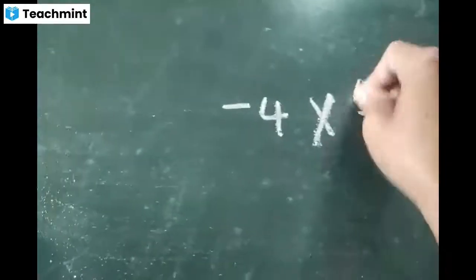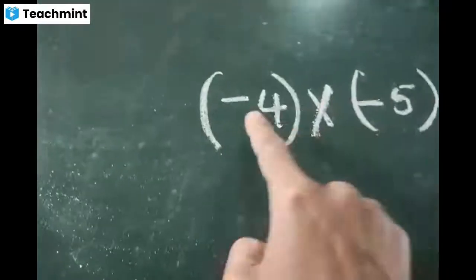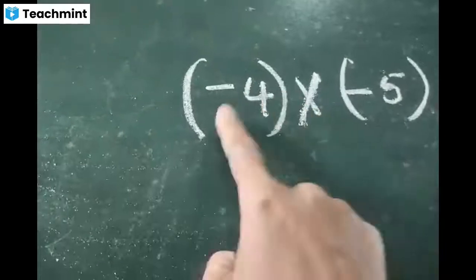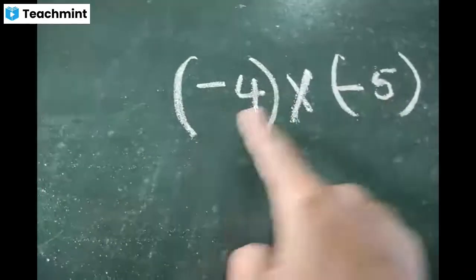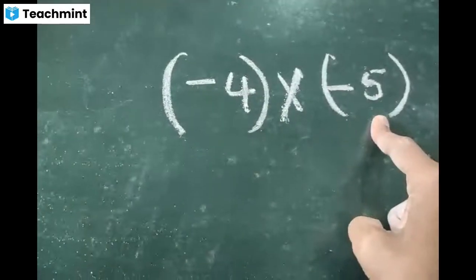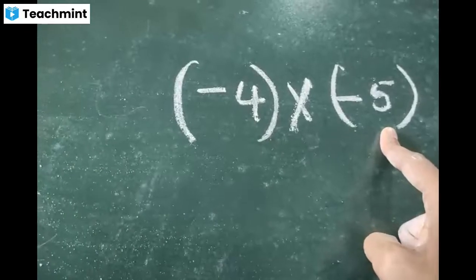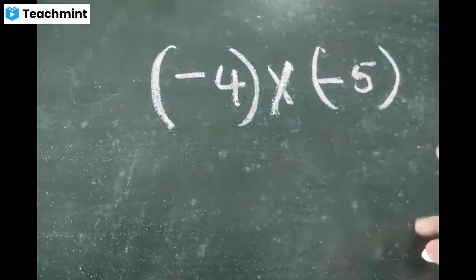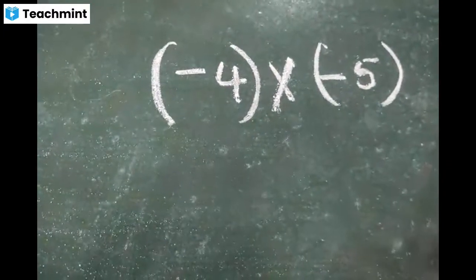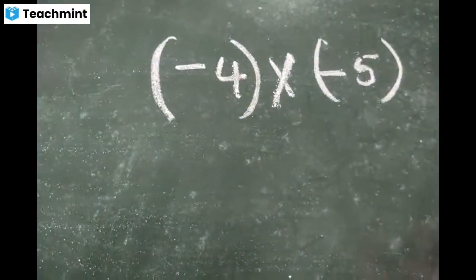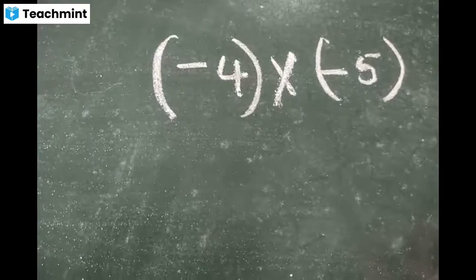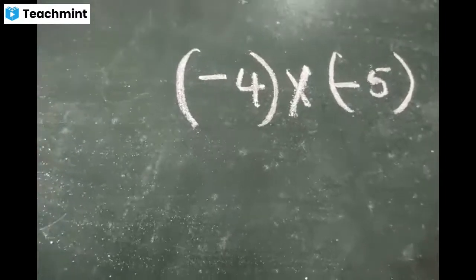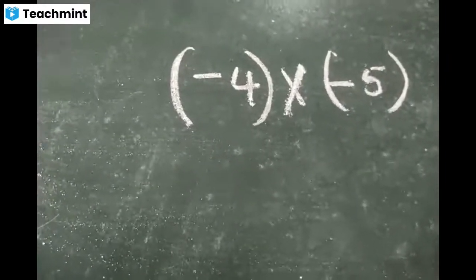These two are negative integers. The options are a positive integer, a negative integer, either a positive or a negative integer, and non-negative. So which one is the answer?